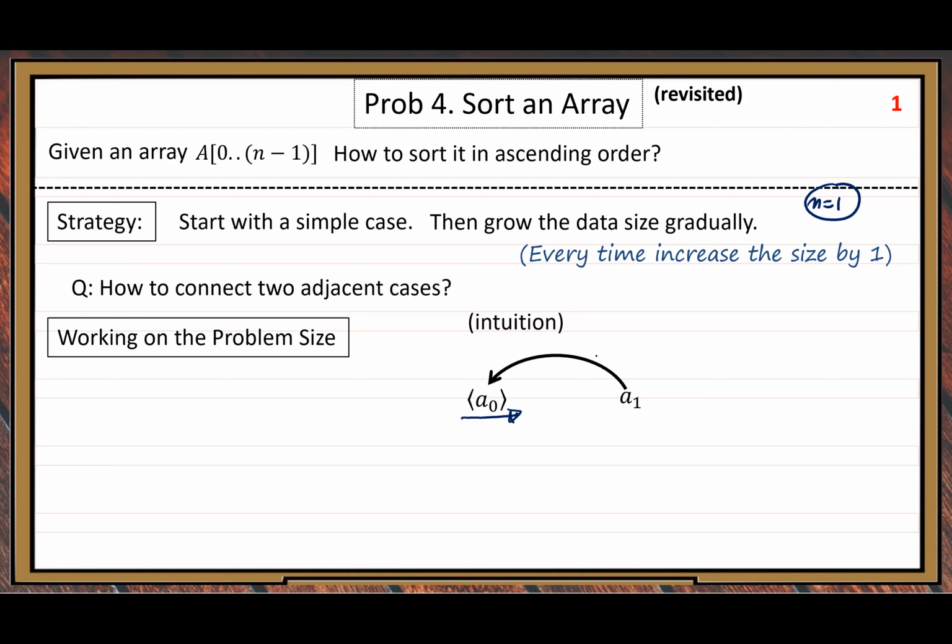Then, how do we put it in the current array and make it sorted, make it ordered? That's what we need to do here.